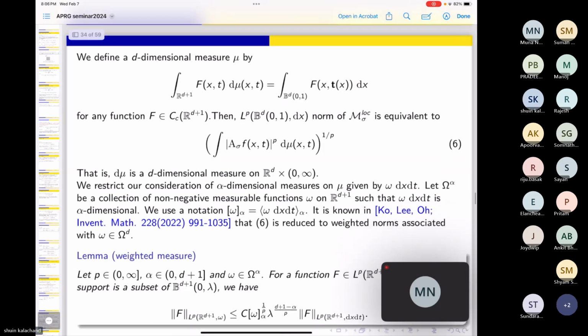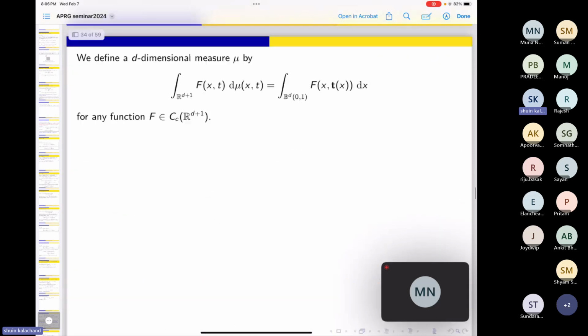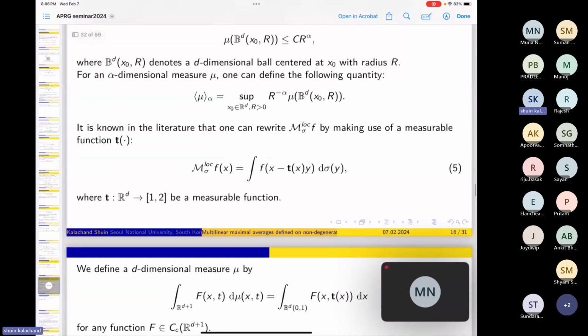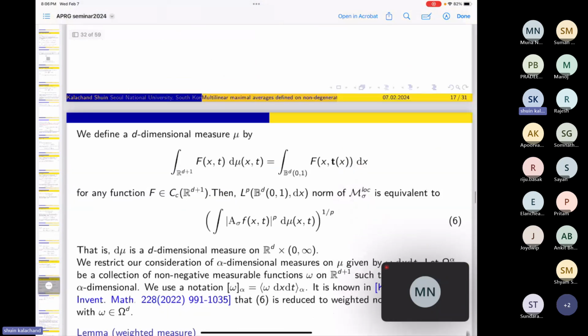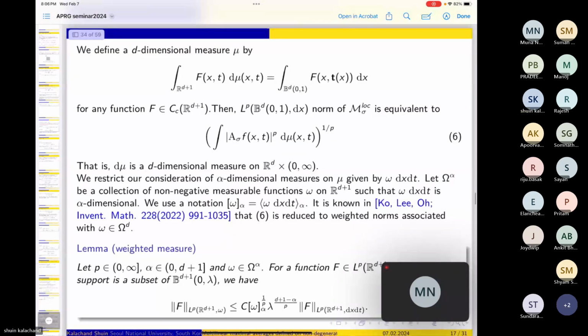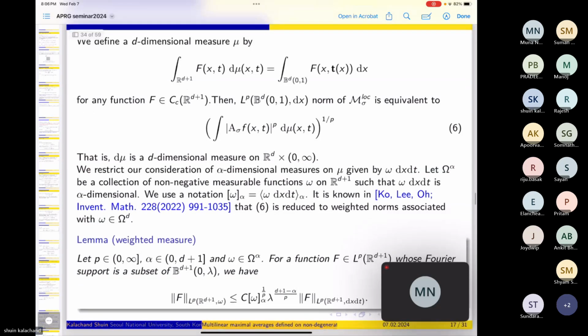So in order to prove the L^p estimate of the local maximal function, it is enough to compute the L^p estimate of A sigma with respect to the measure d mu(x, t).